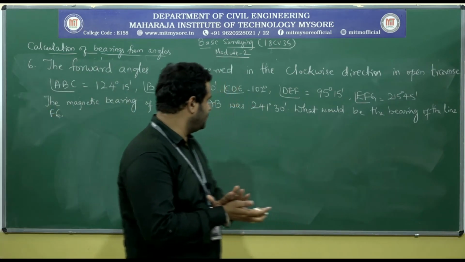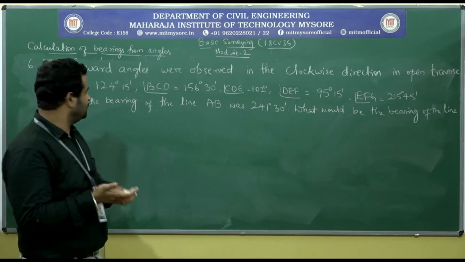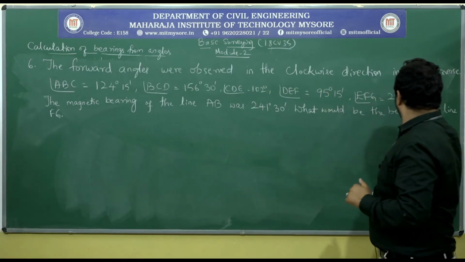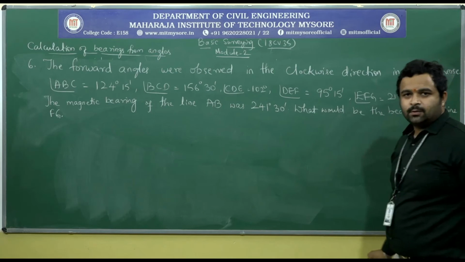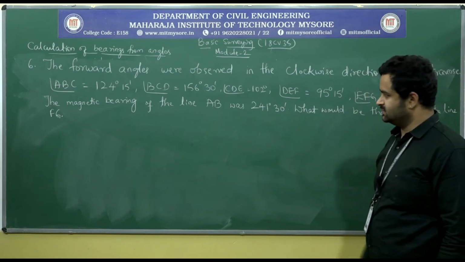So here they have only asked you to calculate the bearing of the line FG. It is given that the forward angles were observed in the clockwise direction in an open traverse. The last problem you dealt with was a closed traverse. Now it is with respect to an open traverse.